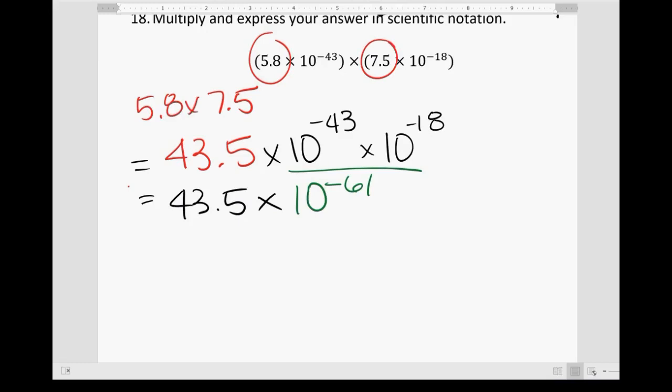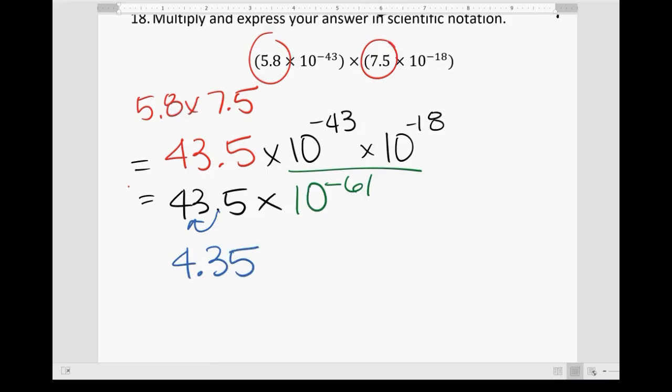No, it is not. Okay, it is not. This needs to move one decimal to the left. All right. So, by moving that decimal place 1 to the left, that makes this 4.35.